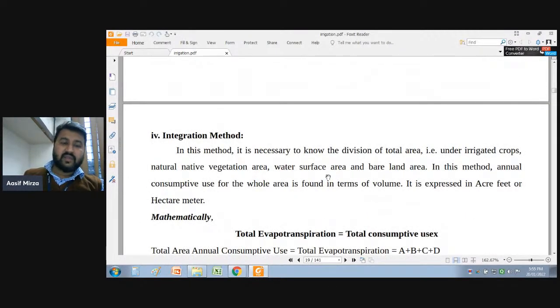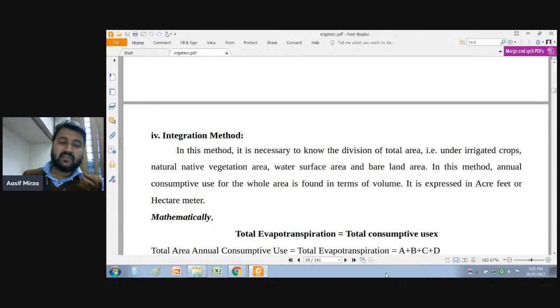Now, integration method. In this method, it is necessary to know the division of the total area, that is the area under irrigated crops, natural native vegetation, water surface area, and bare land area. In this method, annual consumptive use for the whole area is found in terms of volume. It is expressed in acre feet or hectare meter.